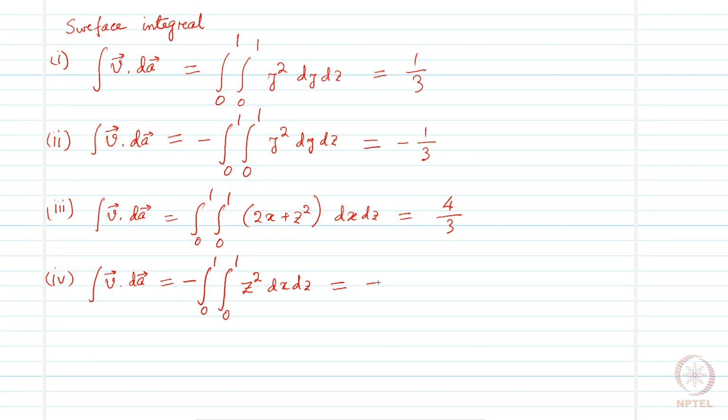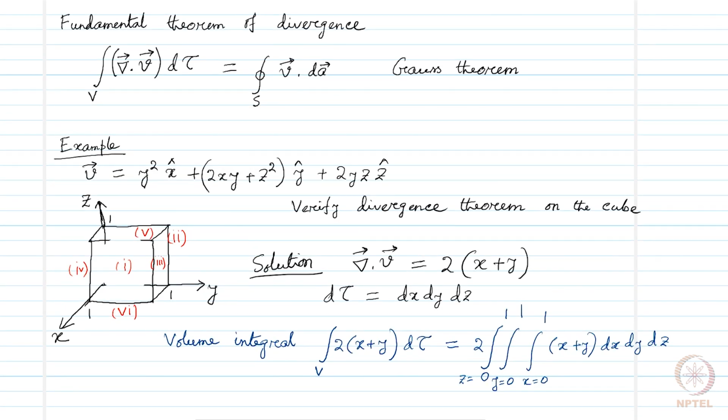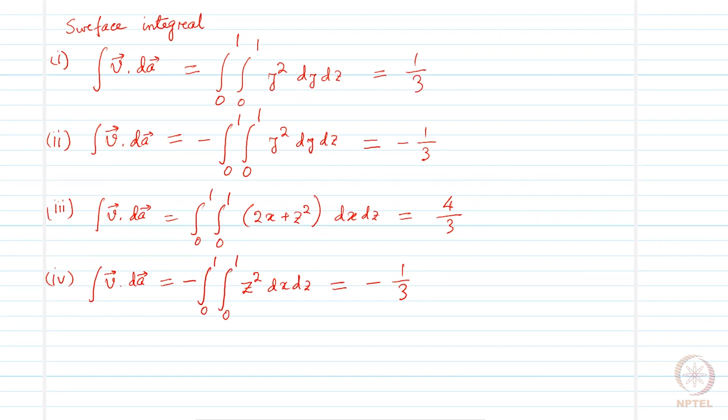That becomes minus 1 over 3. On surface 4, as we can see, x equals 0. So, instead of 2x plus z square, we only have z square, and this is the value.